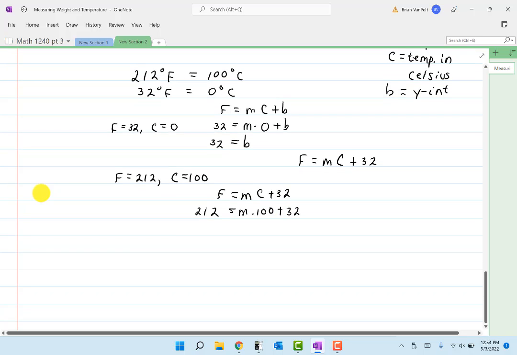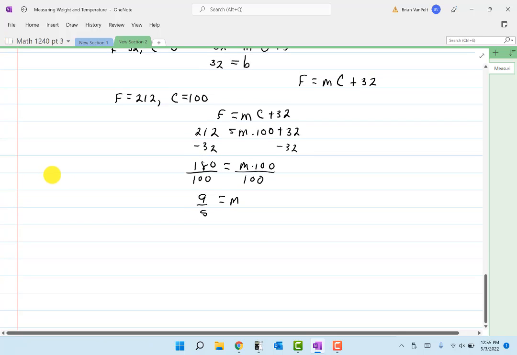Now to figure out how to get M by itself, subtract 32 from both sides of this equation, and you get M times 100 equals 180. Divide both sides by 100. After simplifying, you end up with 9 over 5 equals M.